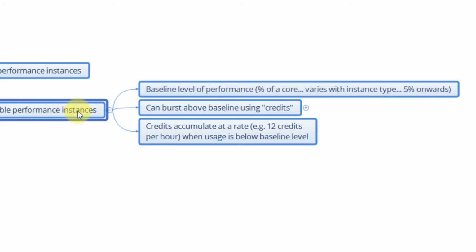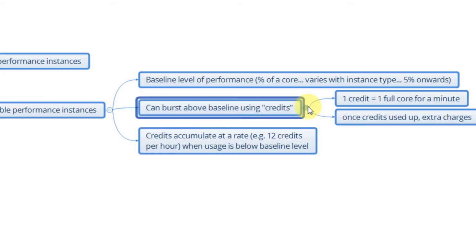Now, the burstable performance instances can actually burst above the baseline using what are called credits. So one credit gives you a full core for a minute. Once the credits are all used up, you incur extra charges when you burst, when your application usage spikes beyond the baseline level of performance.